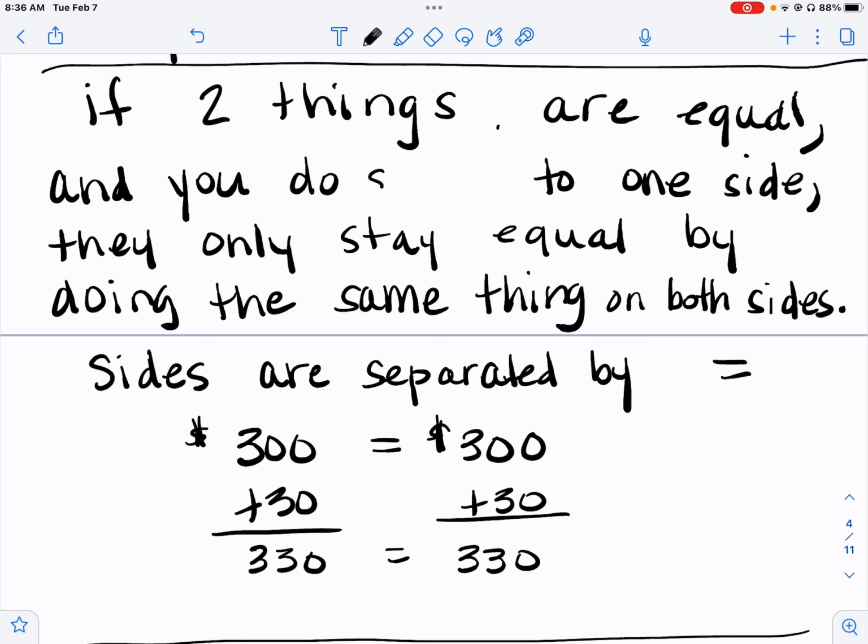You do something to one side, they only stay equal by doing the same thing on both sides. Okay, sides are separated by the equal sign. For example, 300 equals 300. If you add 30, you get 330, but they're only equal if you add 30 to the left and the right.